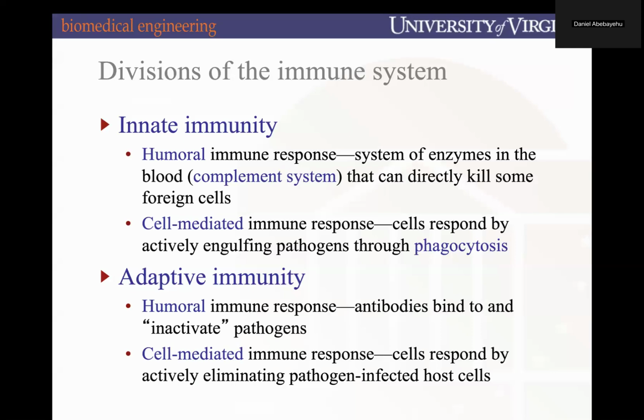So that could be, for example, virally infected cells. That could be tumor cells. There are cells on the adaptive side that clear virally infected cells, in some cases also tumor cells as well.